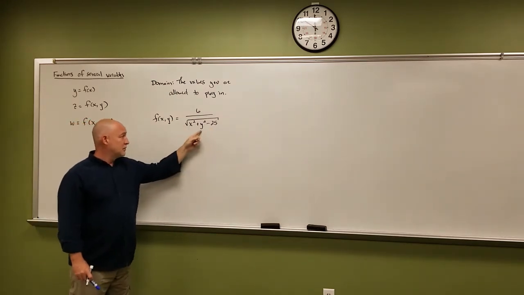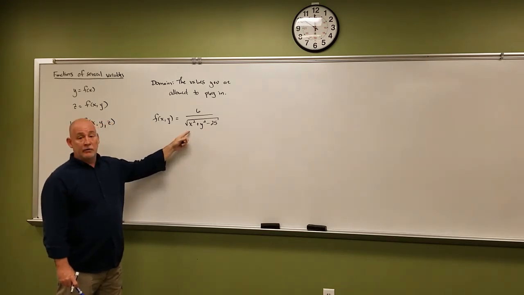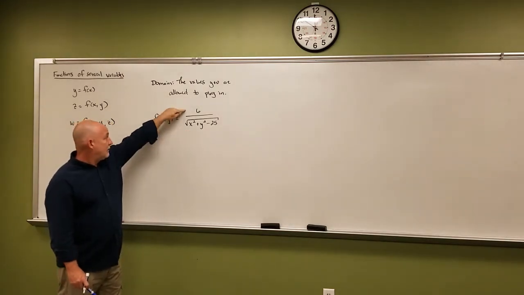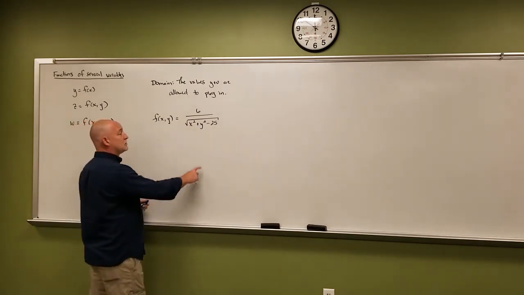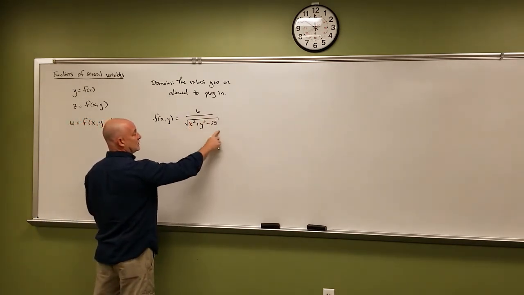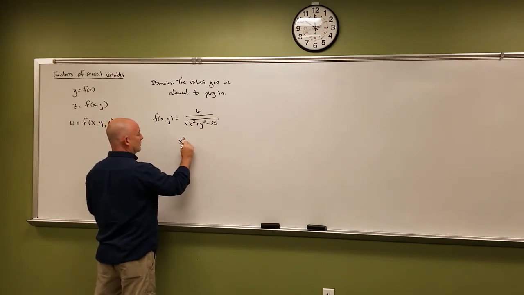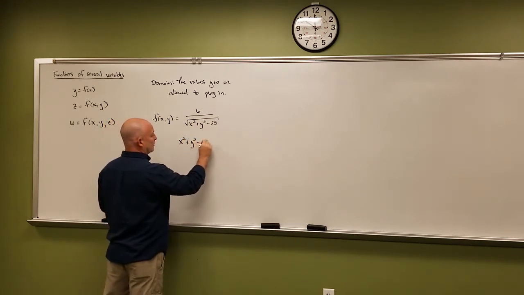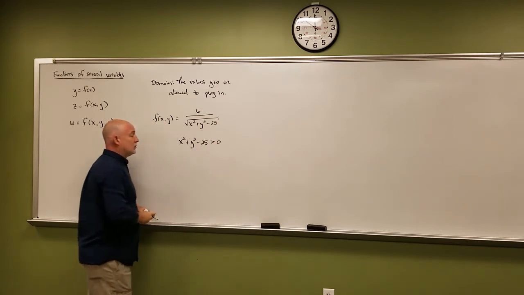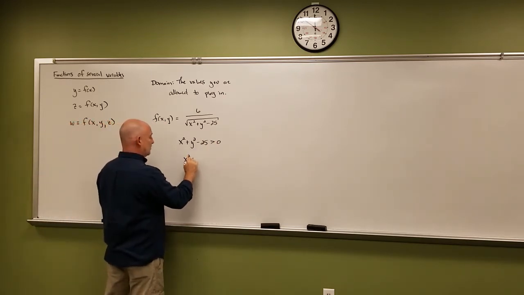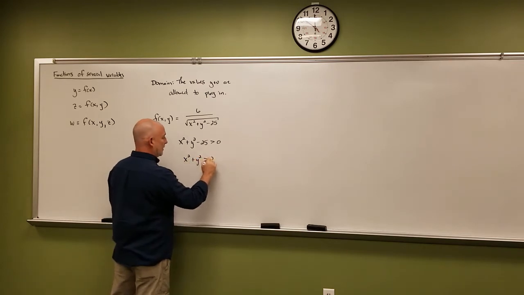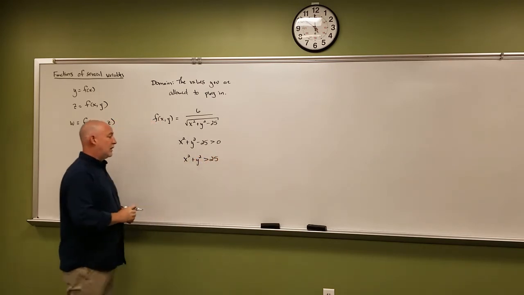We're going to want to make sure the stuff inside there is greater than or equal to 0. However, since it's on the bottom, it can't be 0 either. So we have two things restricting our domain, the fraction and the radical. So I know x squared plus y squared minus 25 has to be strictly greater than 0. Or another way to think about it is x squared plus y squared has to be greater than 25.